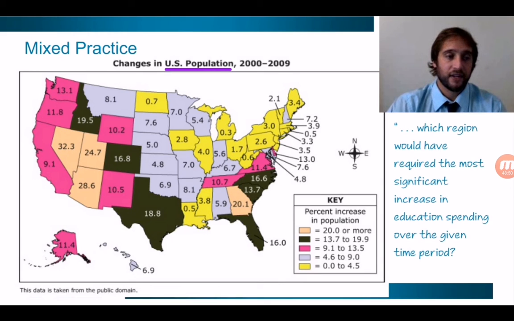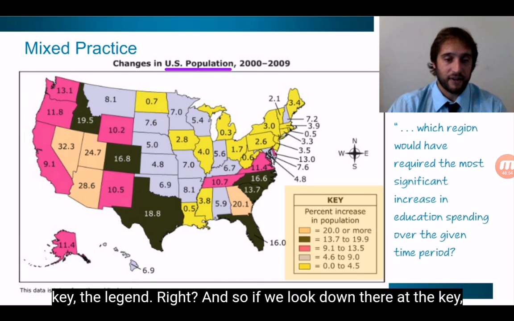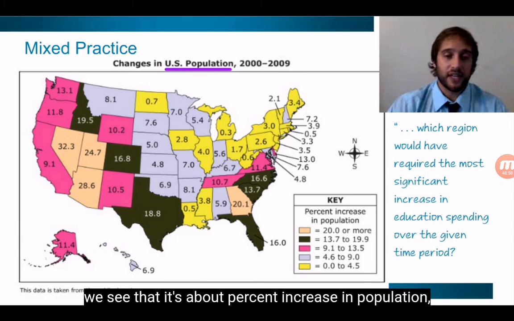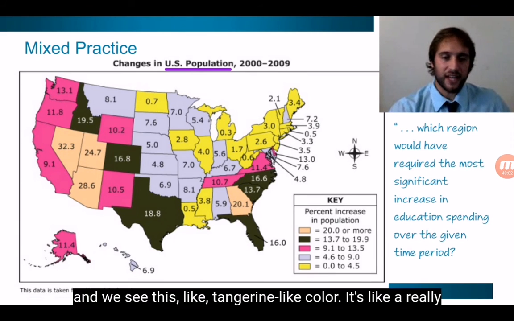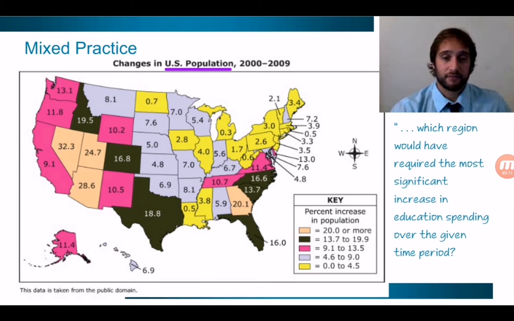Now, before we look at the graph, we need to understand the key, the legend. If we look down there at the key, we see that it's about percent increase in population. And we see this tangerine color, a really light tannish orange. That's the biggest percent increase.